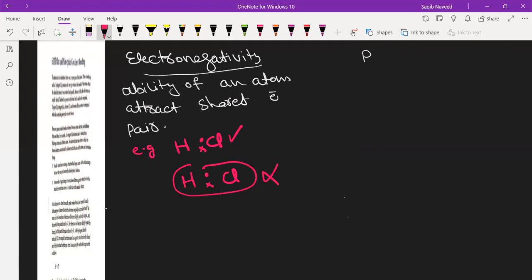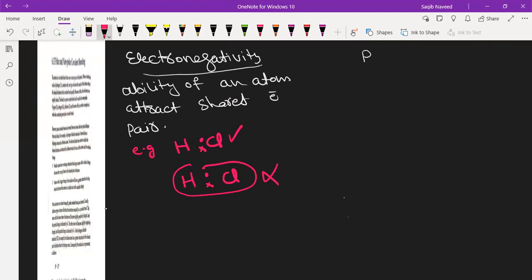The shape is like the shared electron pair is tilted toward the chlorine, is more toward the chlorine than toward the hydrogen. Right? Got the idea? It is not in the middle. We were expecting that it should be in the middle. But actually it is tilted toward one atom.